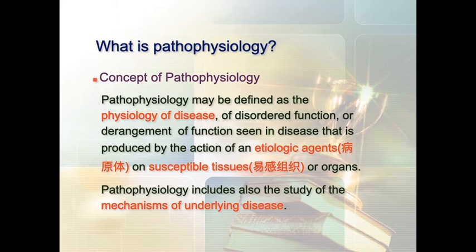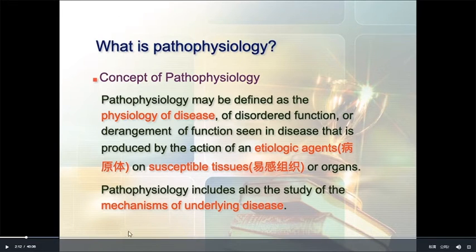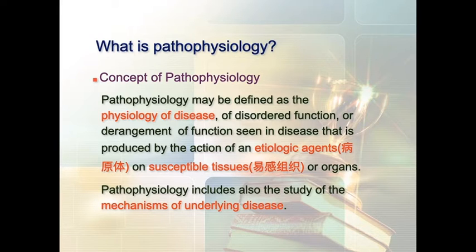etiologic agent. We call it 病原体 (bing yuan ti) in Chinese. You've started to learn medical Chinese, so it's better you learn more Chinese words. Therefore, you can understand the medical stuff in the hospital when you're doing your visitation and internship.